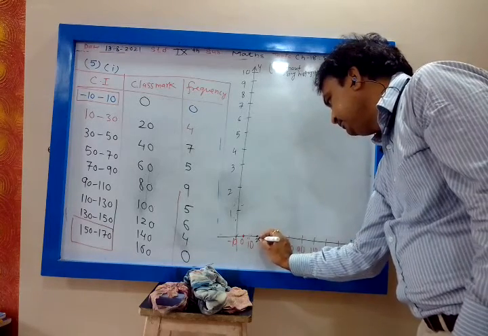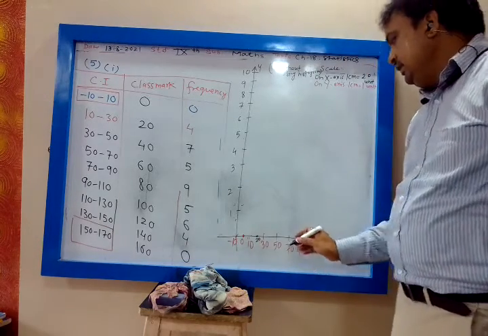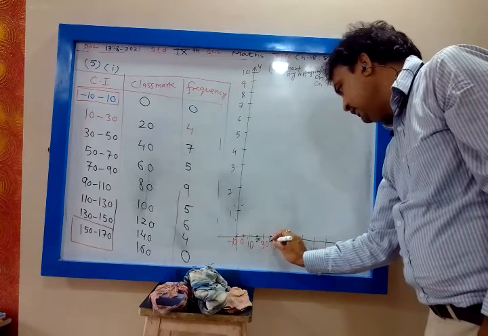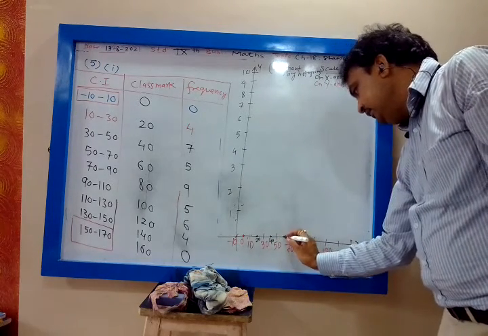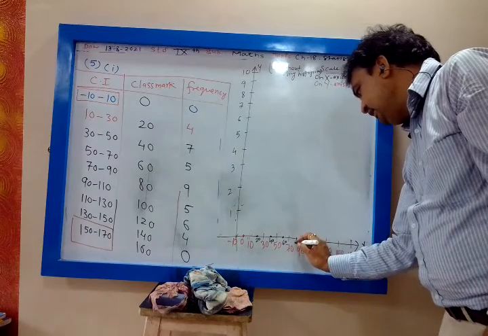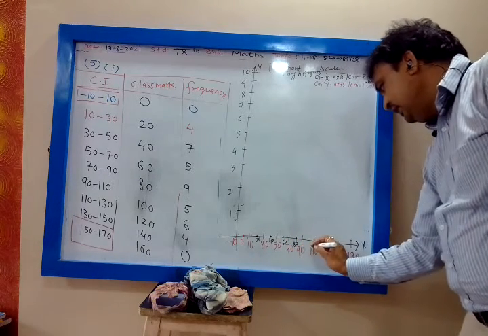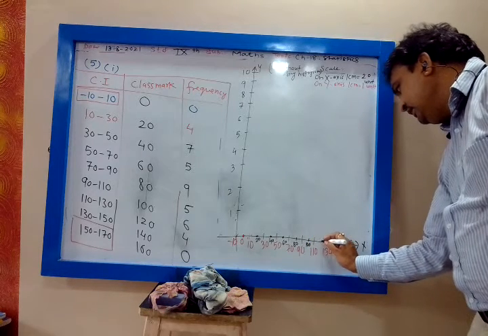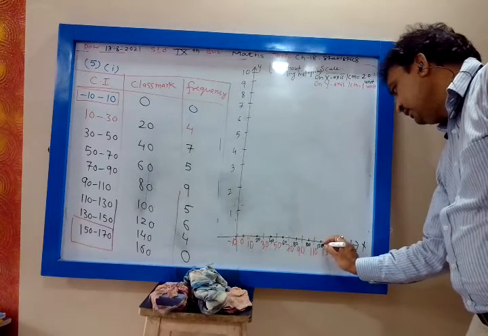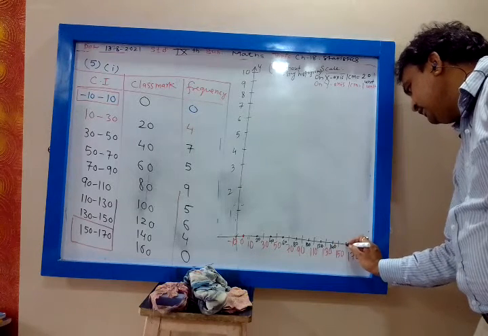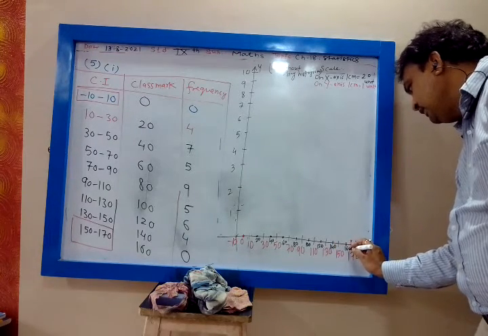Then 30 to 50, 40. Then 50 to 70, 60. 70 to 90, 80. 90 to 110, 100. 110 to 130, 120. Then 140. Then 160. Okay.